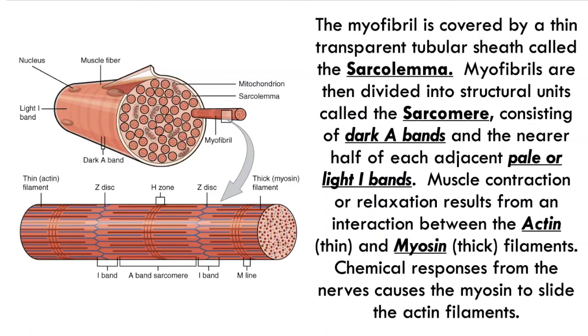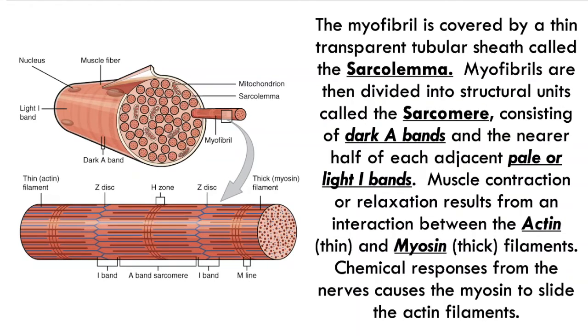Here's the breakdown of the myofibril. The myofibril is covered in another tissue called the sarcolemma, and the myofibrils are then divided into little units called the sarcomere. Now the sarcomere is divided into some different parts, as you can see in the bottom picture. We have the Z disc, the H zone, an I band, an A band, and an M line. But we really are only going to focus on the dark A band, the light I band, and what's inside those.